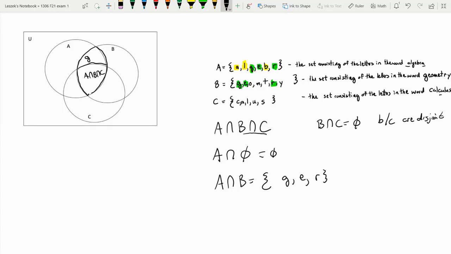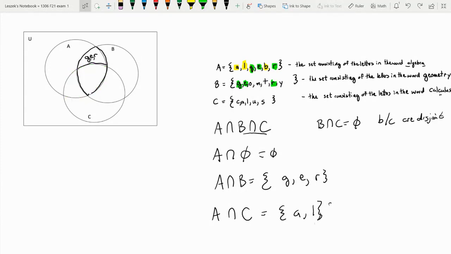So G, E, and R have to be in the intersection of A and B, but not in the triple intersection with C. Then let's look at the intersection of A and C. So you have A and L. Again, the intersection of A and C is this, but we know that the triple intersection is empty.